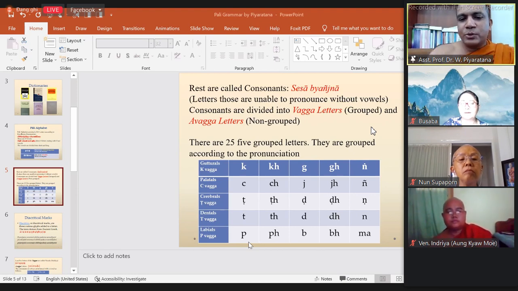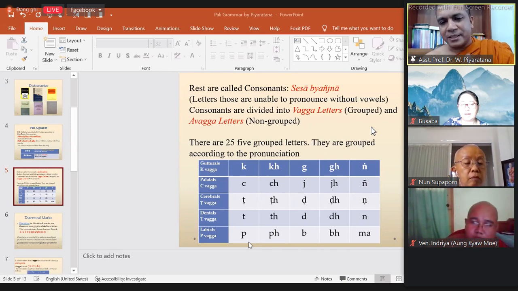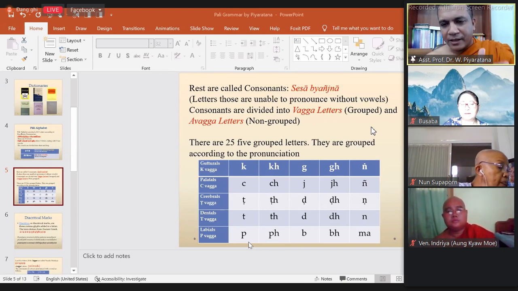But the second group, the second 5 letters, when you pronounce, you have to pronounce kha, chha, tha, tha, pha. And the third group, third line: ga, ja, da, da, ba. But the fourth line: gha, jha, dha, dha, bha. So those letters have to be pronounced in that way.